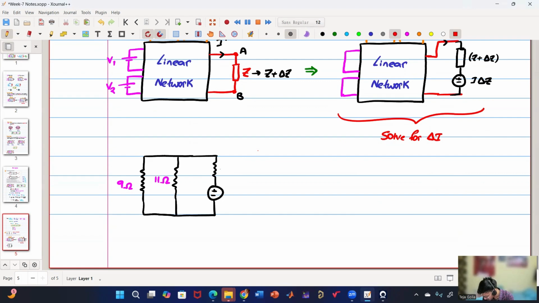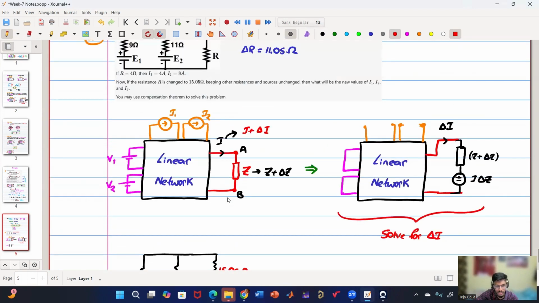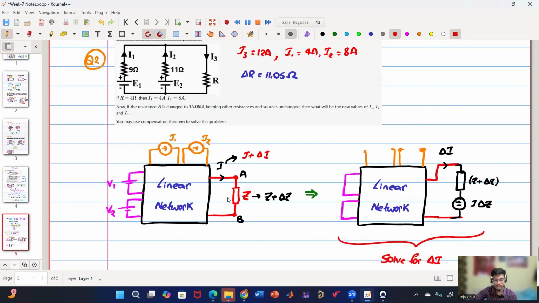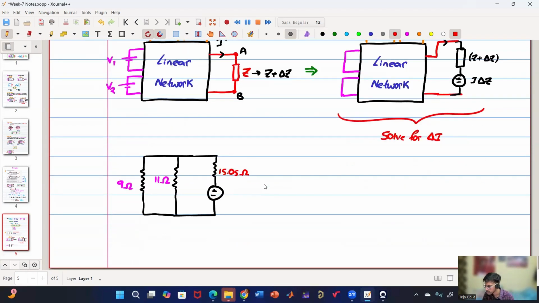Very good. 15.05 ohm. And what will be the value of this voltage source? This is the given data. It's 12 into 11.05. Yes, very good.